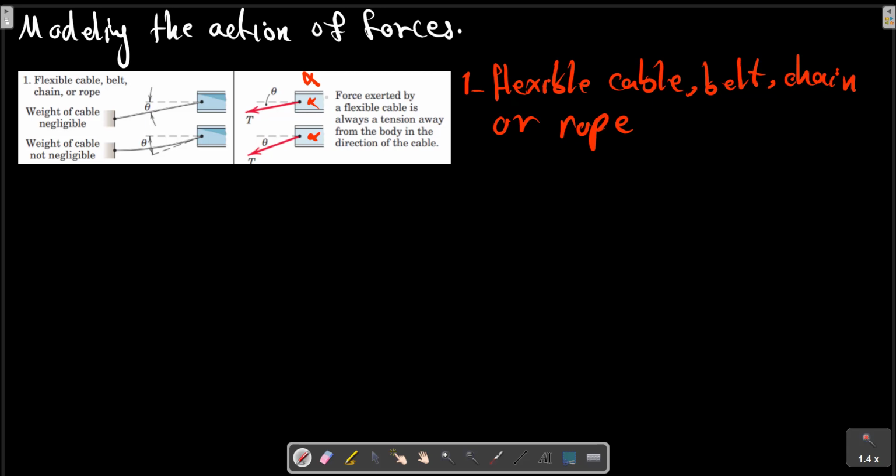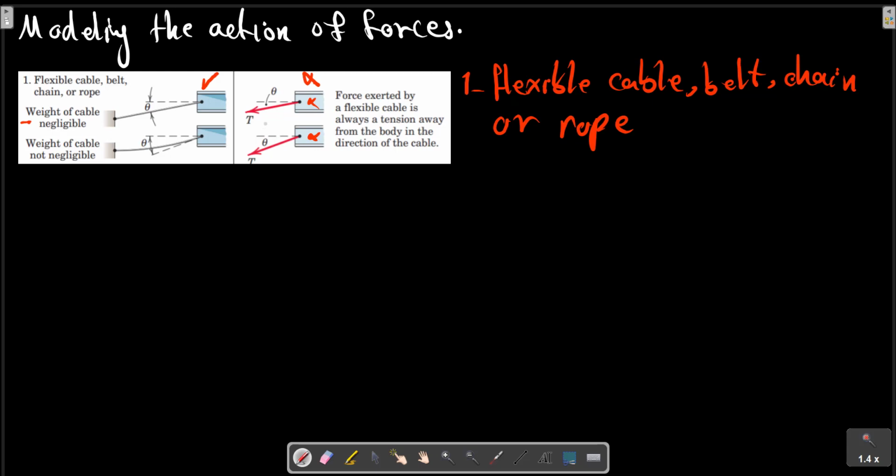When the tension T is large compared with the weight of the cable, we may assume that the cable forms a straight line. In this picture, the weight of the cable is negligible. When the cable weight is not negligible compared with its tension, the sag of the cable becomes important and the tension in the cable changes direction and magnitude along its length.